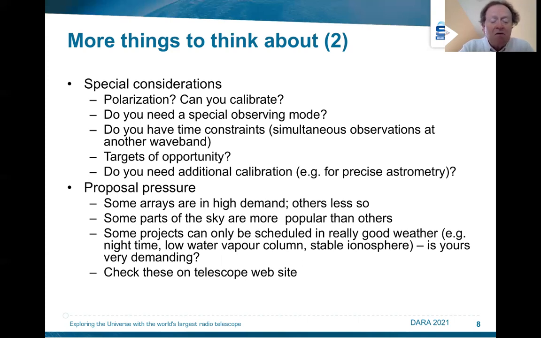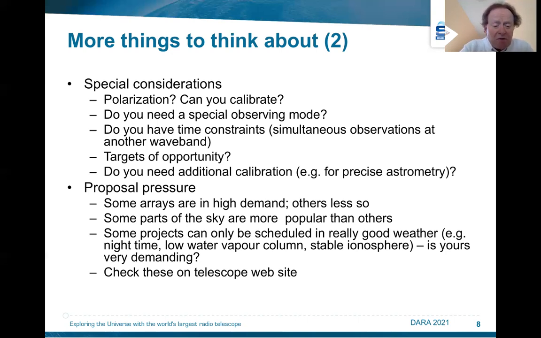Sometimes the oversubscription varies a lot depending on the hour angle of the object, the right ascension of the object. So maybe the galactic plane is very popular, or conversely, maybe out of the galactic plane is very popular. And so you can look at the statistics of oversubscription for particular array configurations and positions in the sky, and adjust your proposal to make best use of that.